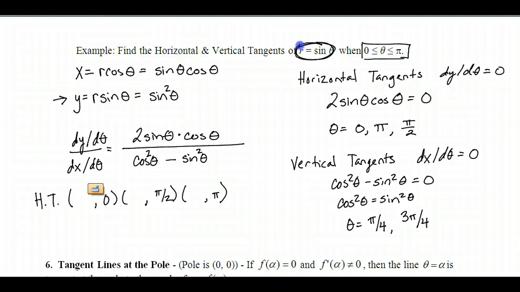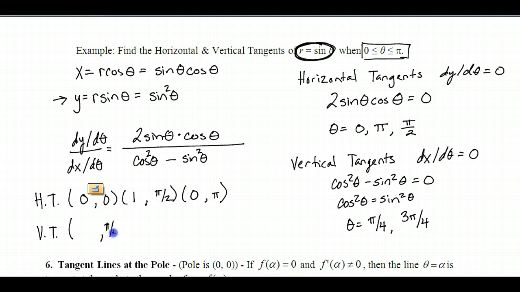We can plug them back into our original equation, because remember the points have to be on the original. So sine 0 is 0. Sine pi over 2 is 1. Sine pi is 0. So there are 3 points where we have a horizontal tangent.